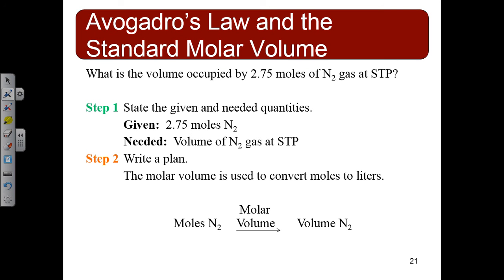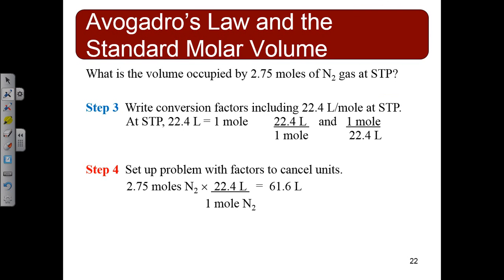We said that if we have 1 mole, it occupies 22.4 liters. So if we have 2.75, don't you think we'll probably just multiply 2.75 times 22.4? Wouldn't that be what you'd rationalize in your head? That would be me. So let's show that. Our conversion factor is our liters and moles.